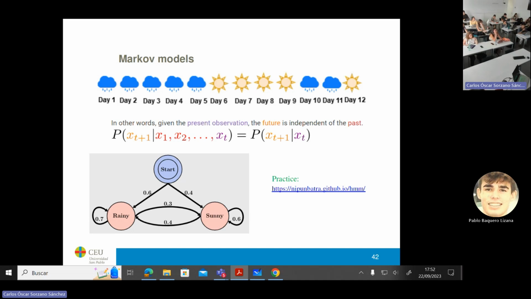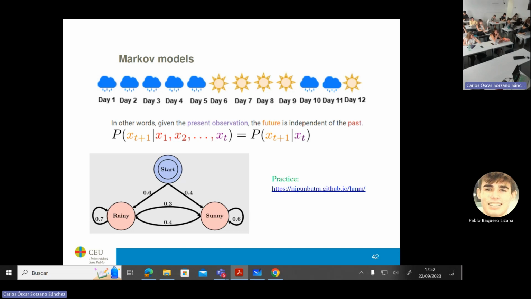So you have to say which are the probabilities of the next state given the whole chain. So here you have a chain: the first day, second day, third day, today, and then you have to say the probability of each one of the states tomorrow.